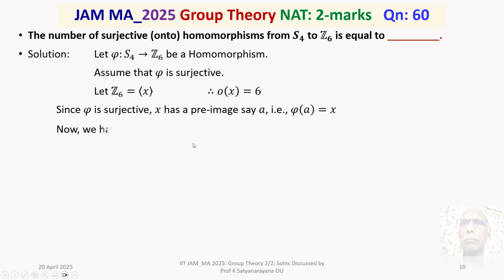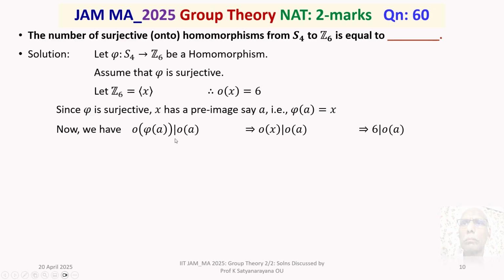Right. Now, we have phi of A, phi is a homomorphism, right? Order of phi of A divides order of A whenever phi is a homomorphism.